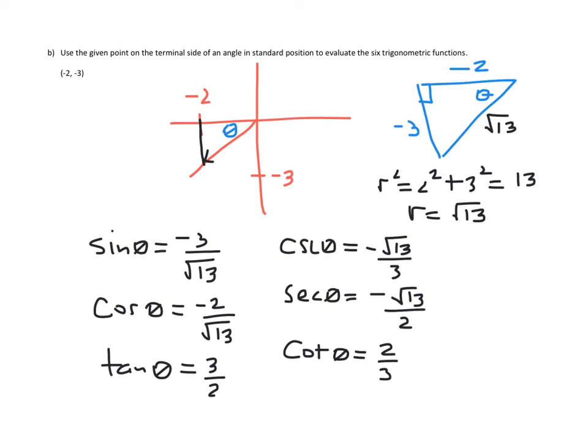And then the last thing we're going to do here is to find the angle. So theta is going to be, I can use any ratio, so I can do sine.